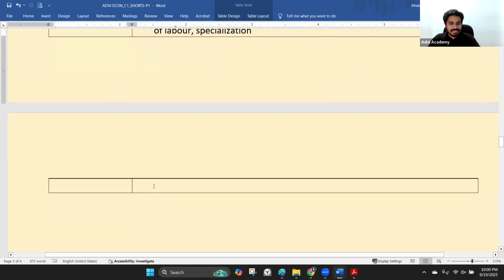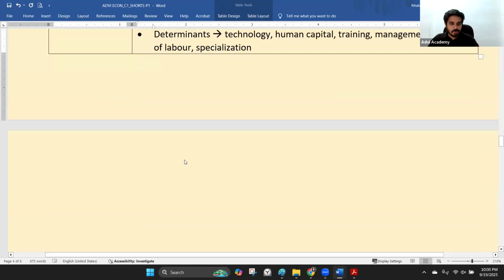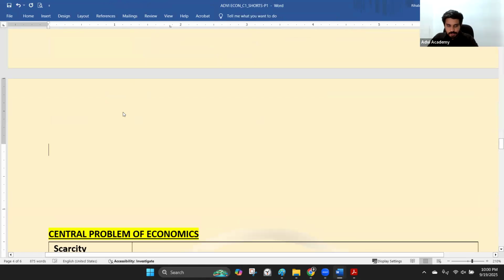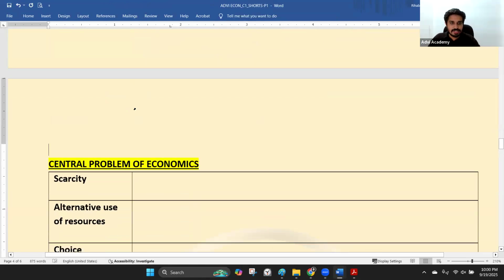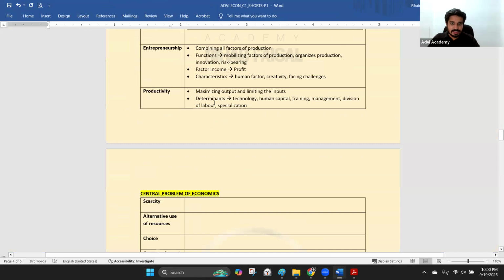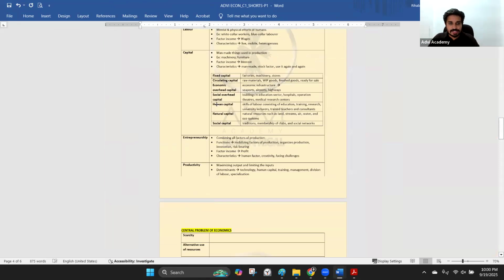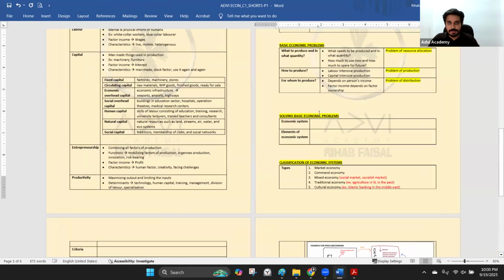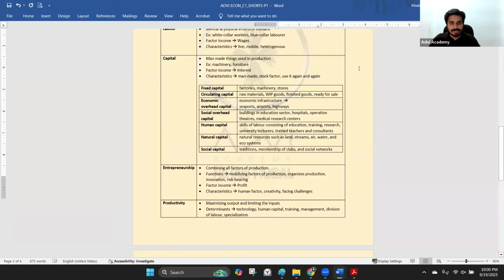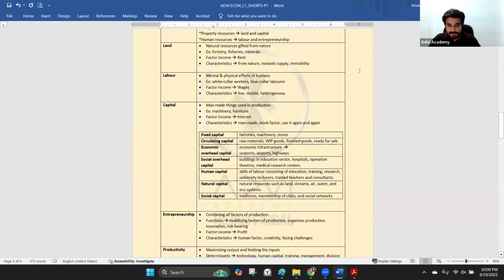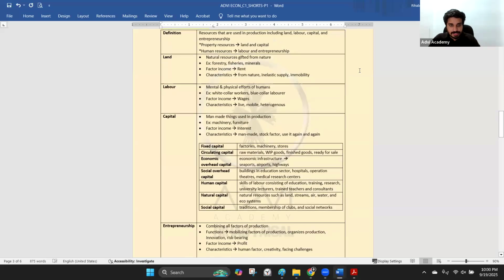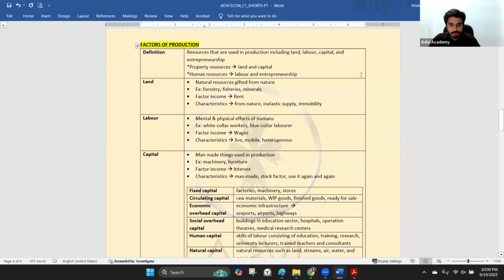Okay. So that is that section. With that, that section is over. Next, we have a couple of smaller sections, but here take a screenshot of this. That is your short note for factors of production. And I also gave you a couple of important questions. Factors of production is very long. Can we break it down into two?